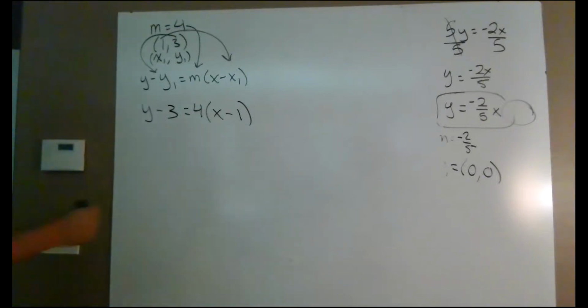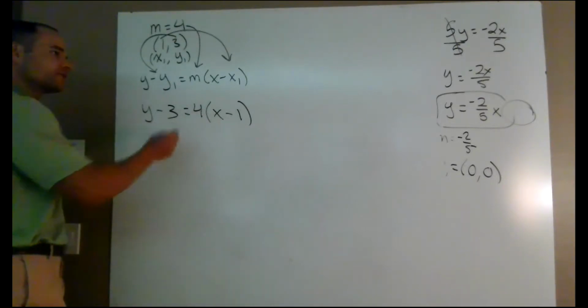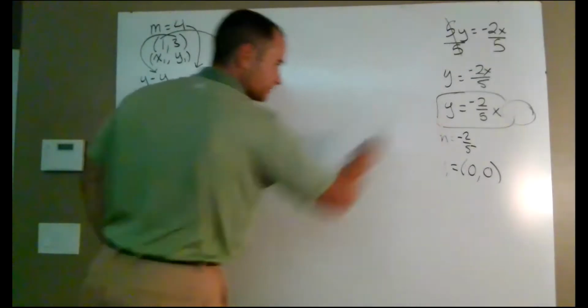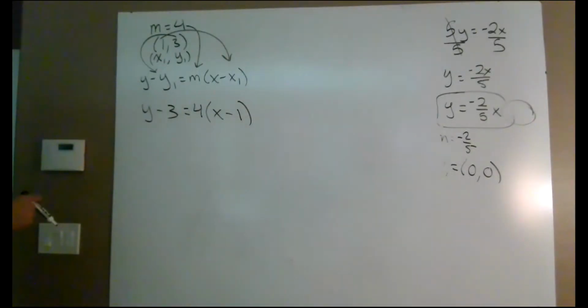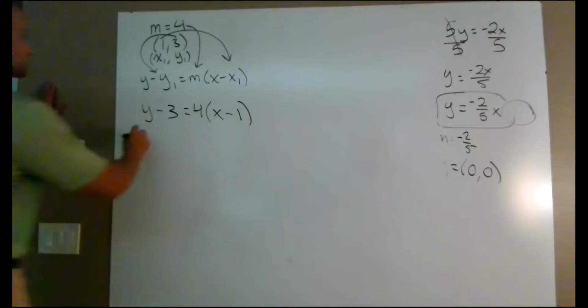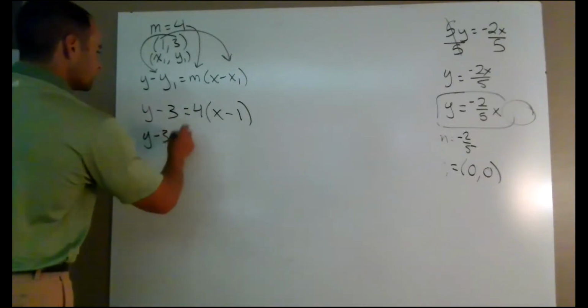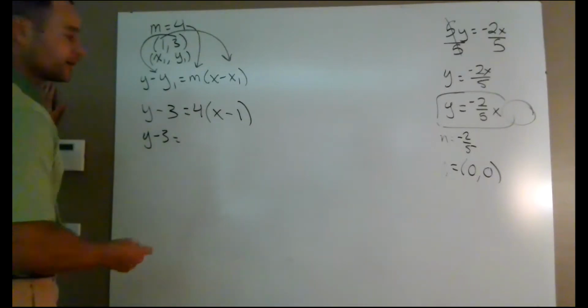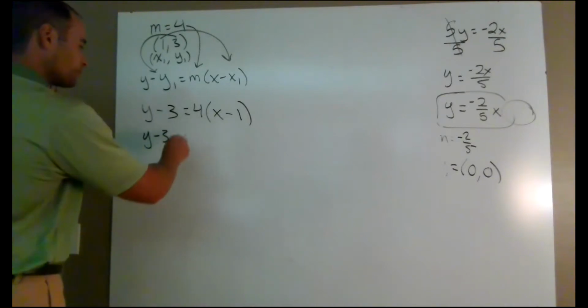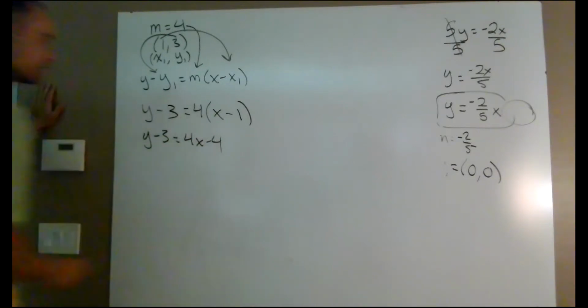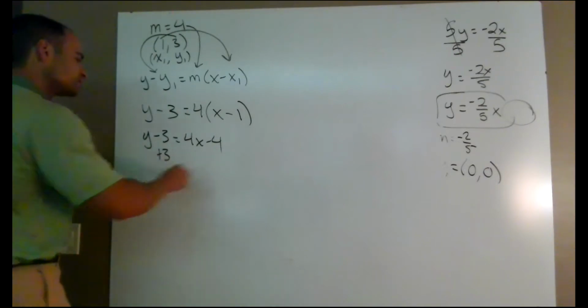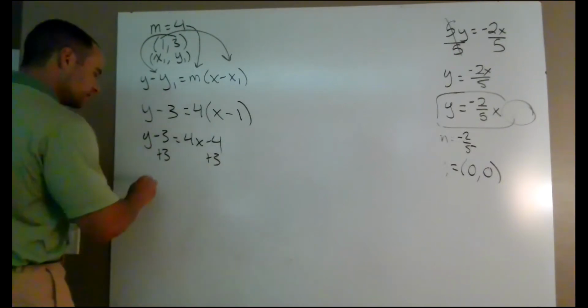So a lot of times what we do is we take this and we convert it to slope-intercept form. So all I do is I'm going to take this equation and solve it for y. I'm going to distribute my 4 there. So I get 4x minus 4. So y minus 3 equals 4x minus 4. And I finish it off by adding 3 to both sides.